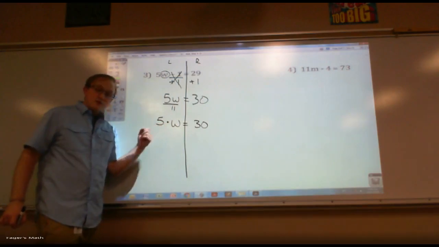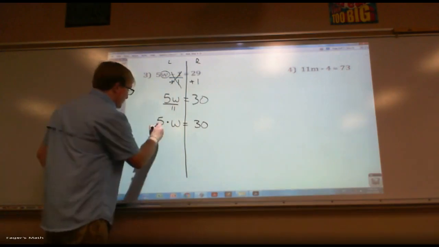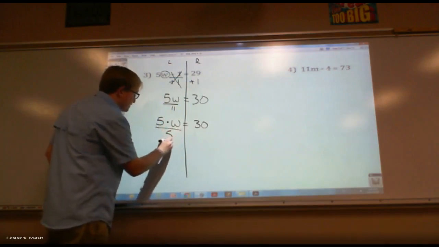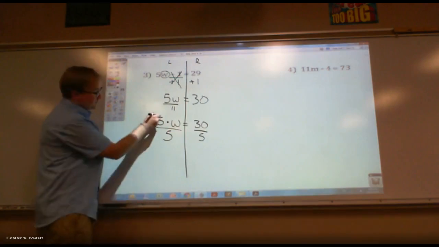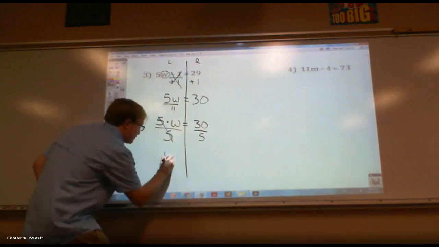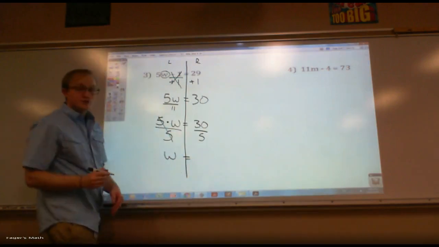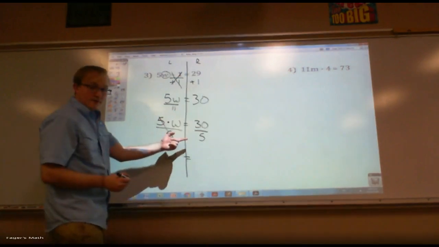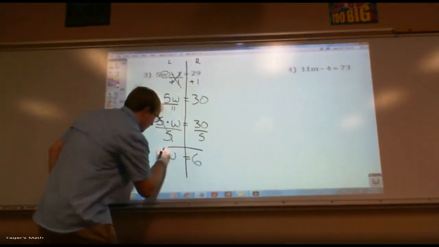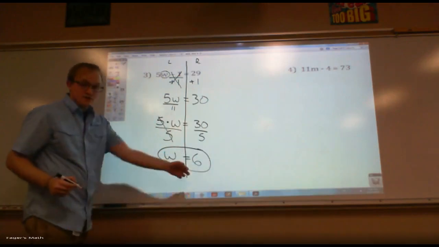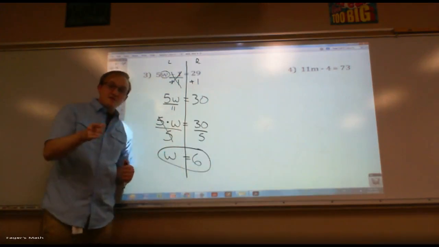Well, what's the opposite of multiplication? Division. You got to think about those opposites. So I'm going to divide by 5. This 5 goes away, and I'm left with w is equal to 30 divided by 5, which is 6. Awesome. W equals 6. I'm hoping that these are ringing some bells.